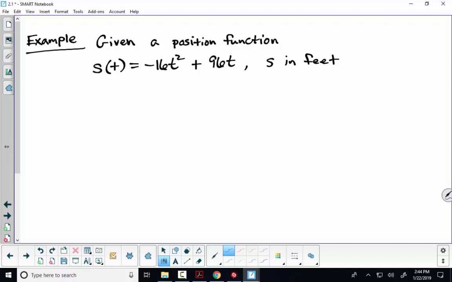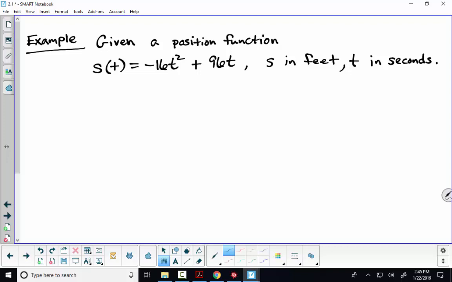Position is measured in feet, and t, time, is measured in seconds. We'll do 3 of these.